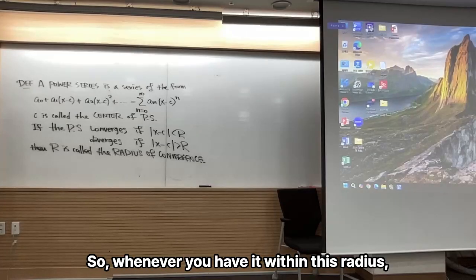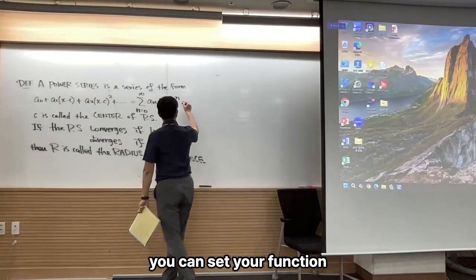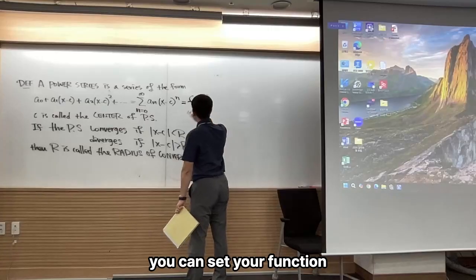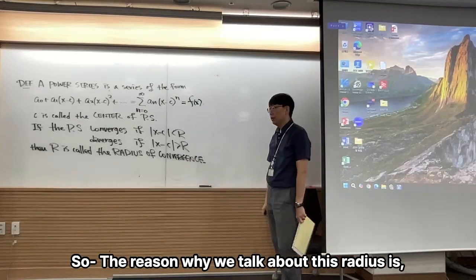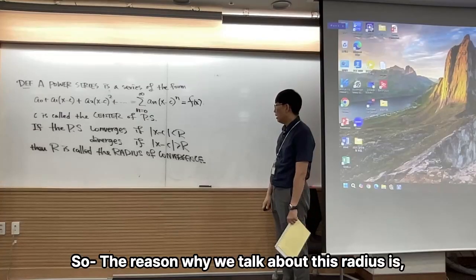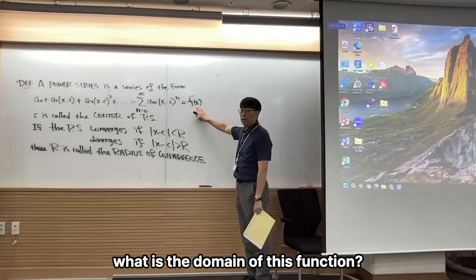So whenever you are within this radius, you can set your function to be the value of that power series. The reason why we talk about this radius is, what is the domain of this function?